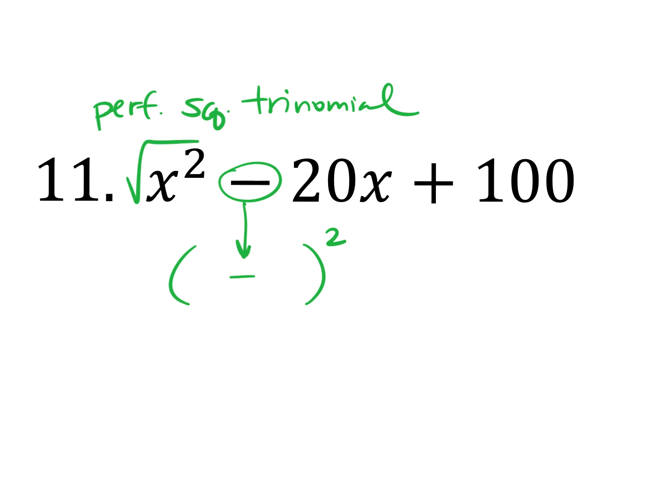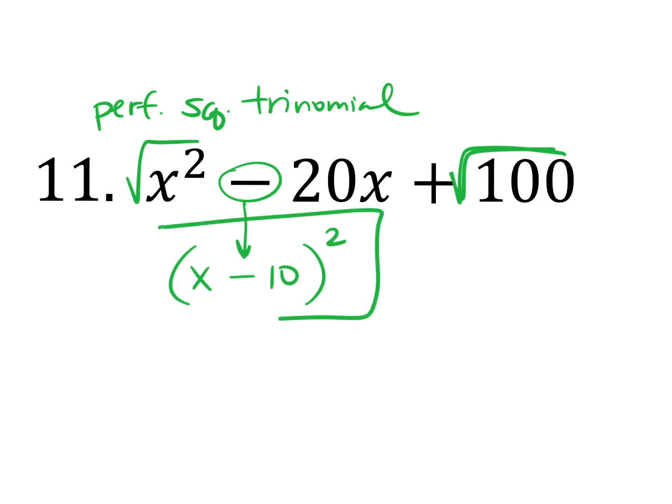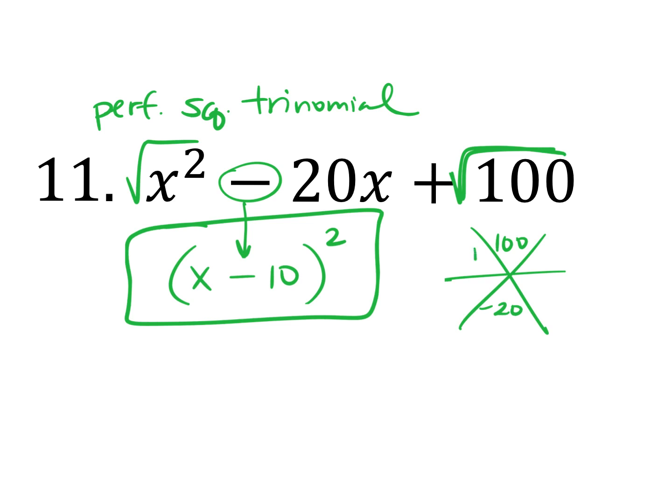And then you take the square root of each. So this is going to be x. The square root of 100 is 10. So that is your answer. Again, if you didn't do it that way, you could set this up as star method. And it would be, what can you multiply to get 100 that you can add to get negative 20? You could totally factor it that way. You'll still end up with this as your answer.